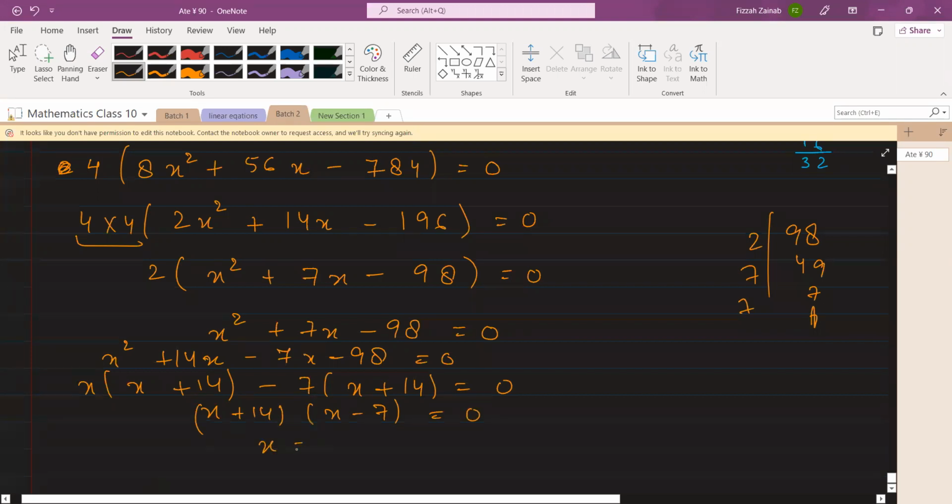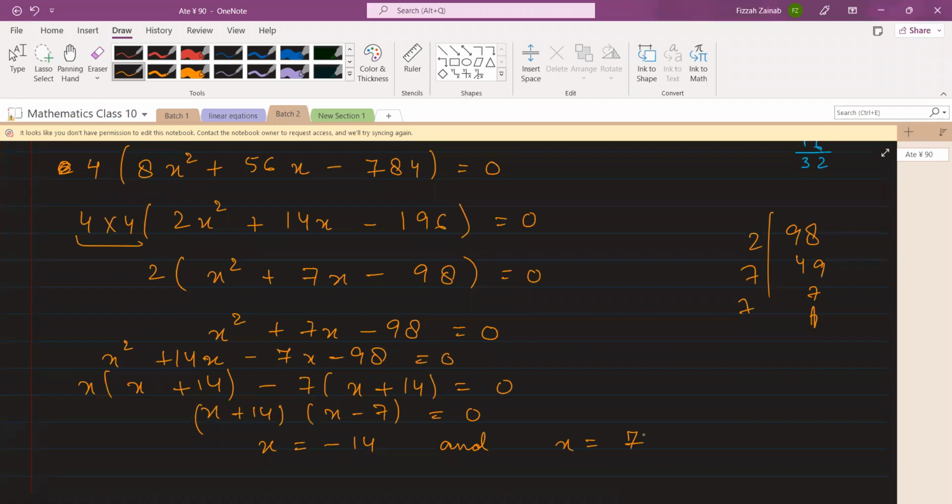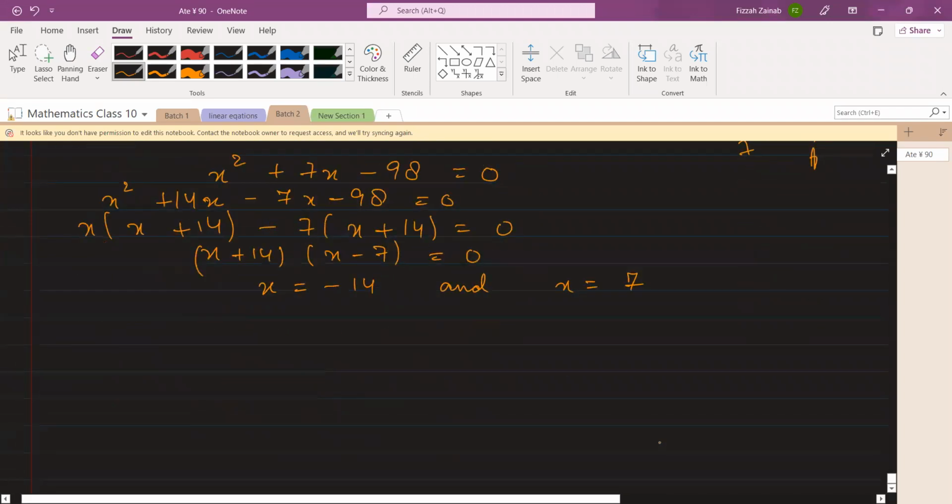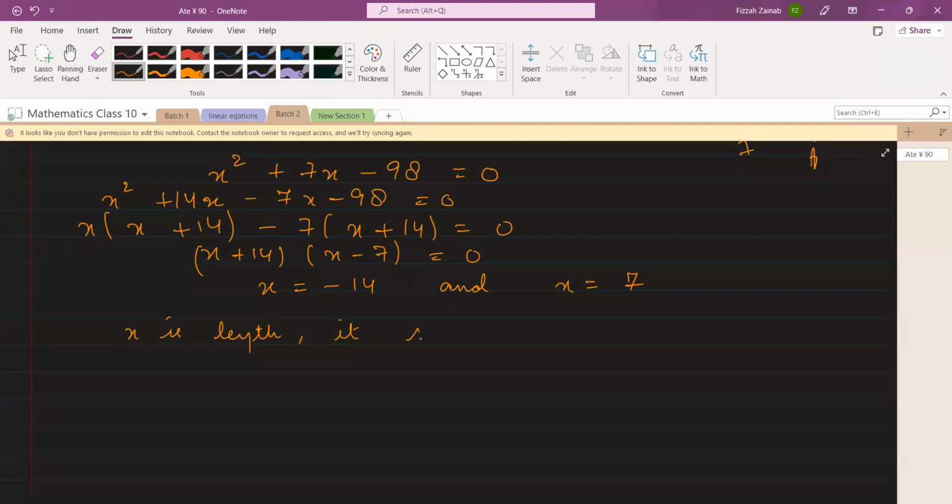So that will give you x is equal to minus 14 and x is equal to 7, right? Now because x is what? X is length, which cannot be negative. So therefore, x is equal to 7.